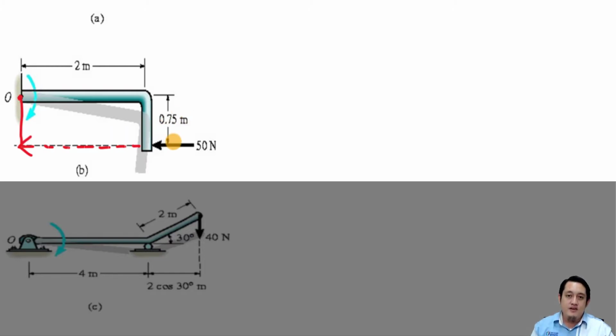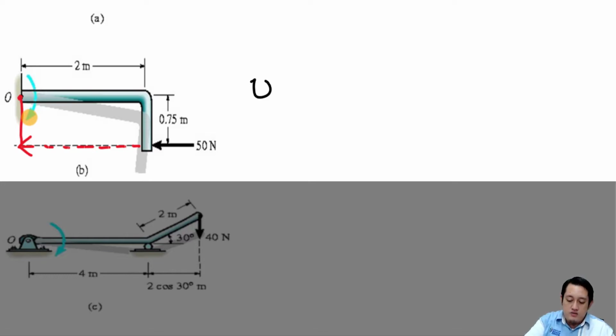0.75. So if you don't know which direction to use, make sure you extend this line of force like this. Draw on this figure here. Extend it like this. So now, if you look closely here, we want to assume clockwise rotation to be positive.